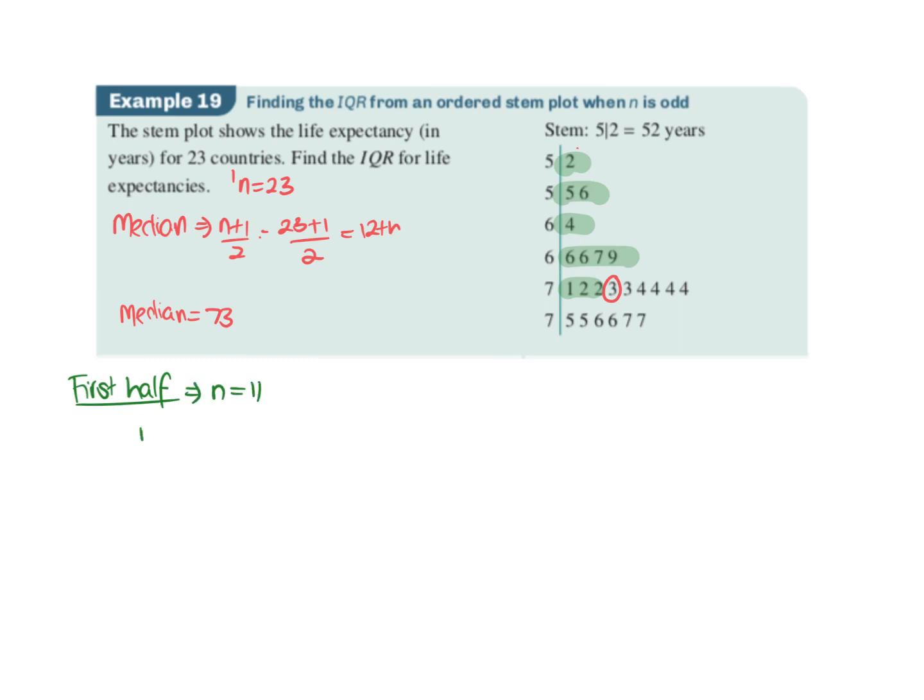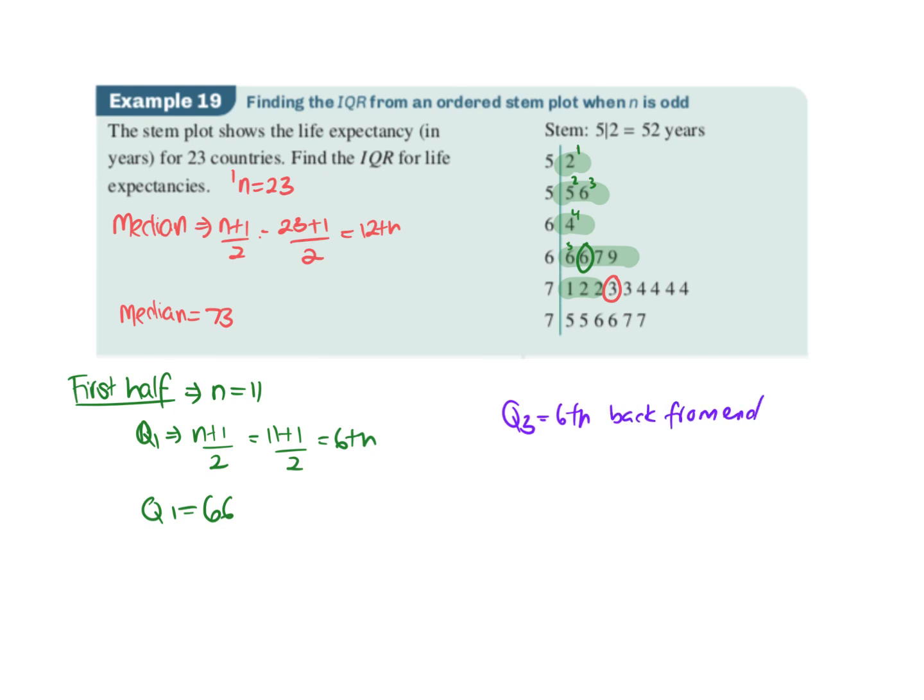So the Q1 is going to be found at N plus 1 divided by 2. So 11 plus 1 divided by 2. So it's going to be the 6th value. So if you go 1, 2, 3, 4, 5, 6. So Q1 was 66.